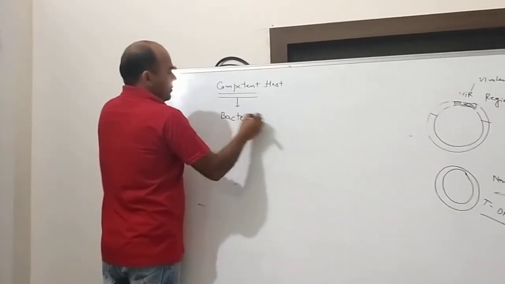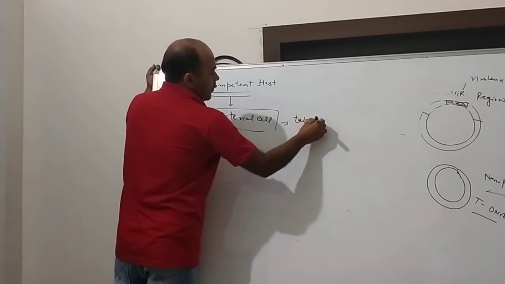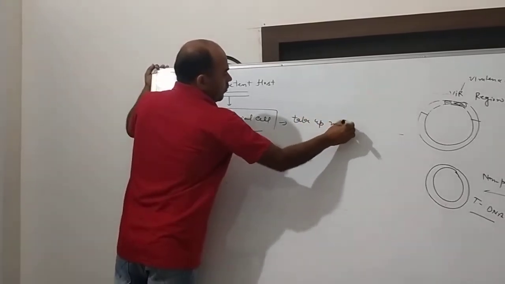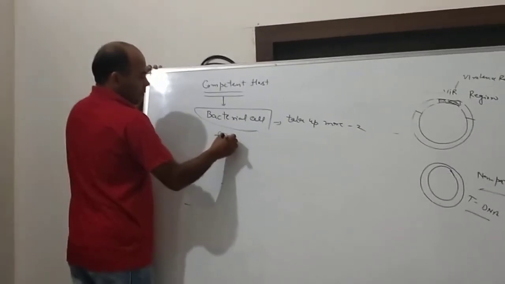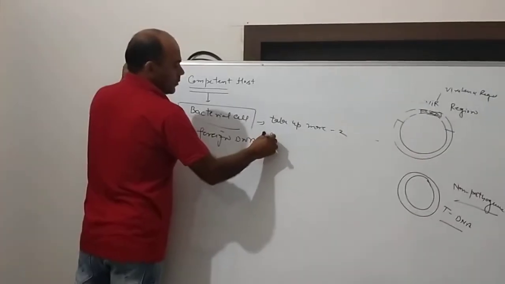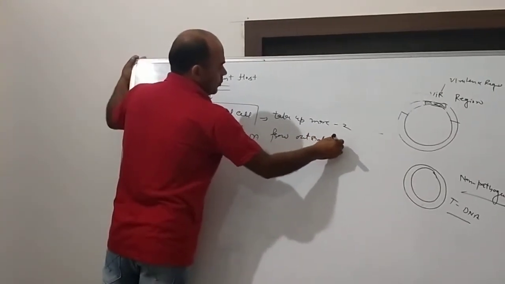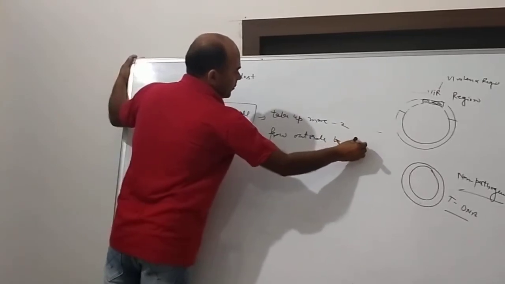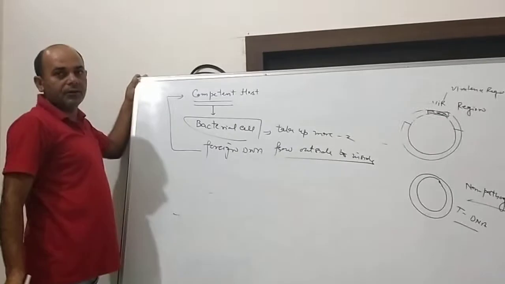A bacterial cell which takes up more and more foreign DNA from outside to inside, this property is called competent.